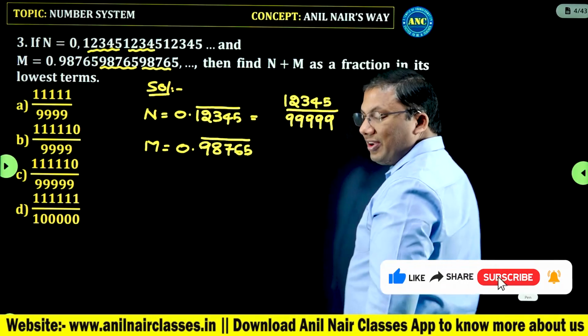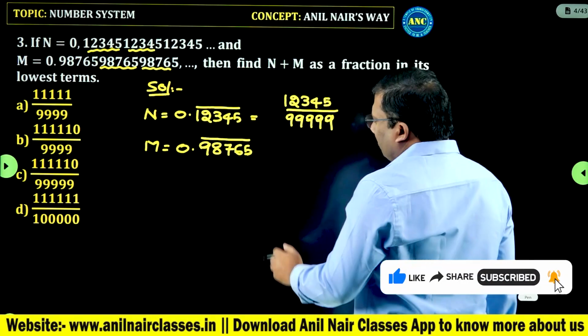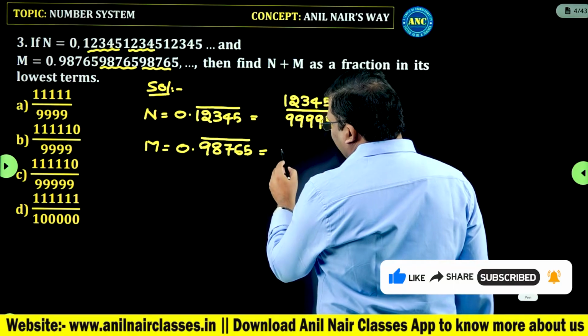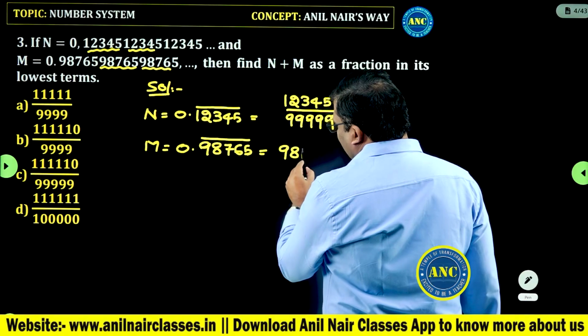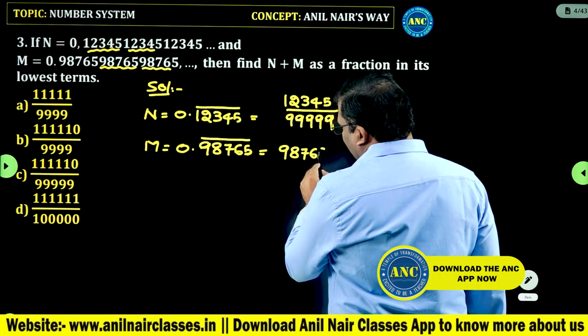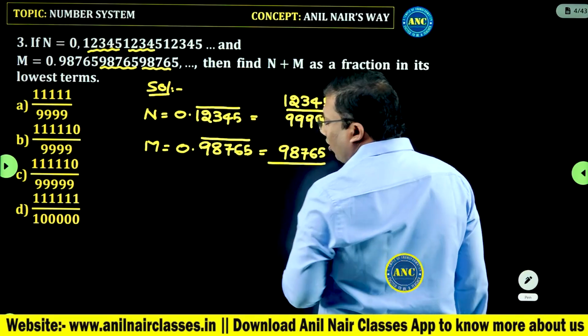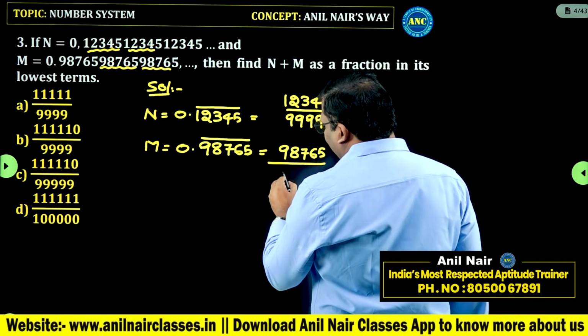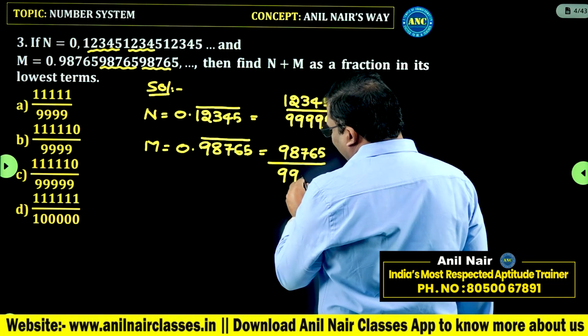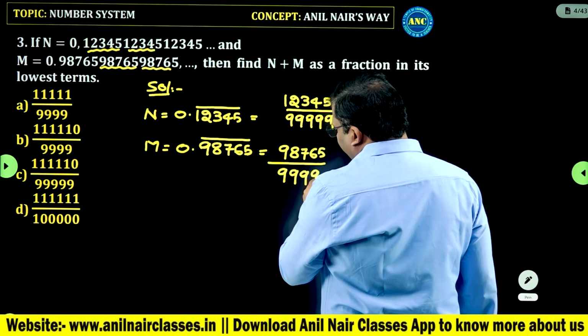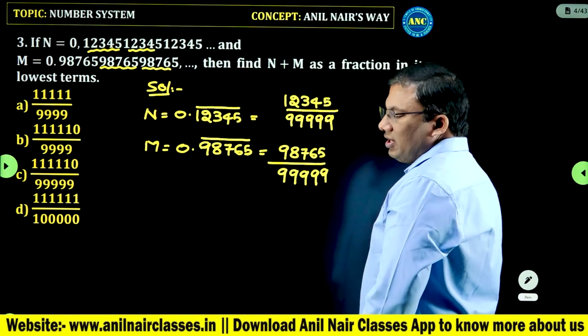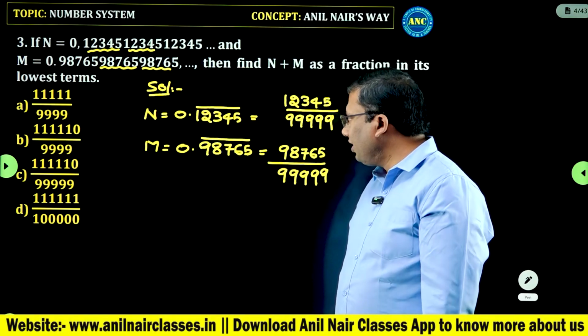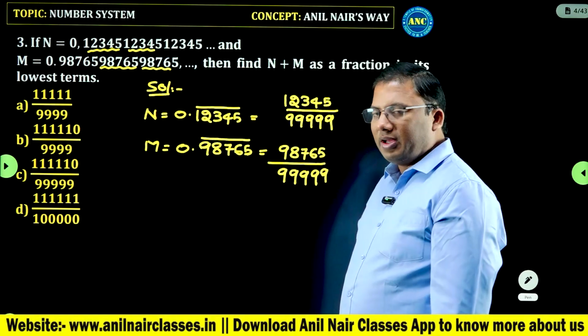M is 0.98765 bar. So here it is 98765 divided by, on how many digits is the bar present? 5 digits. So this will be 5 nines. 98765 by 5 nines, 1, 2, 3, 4, 5 by 5 nines.